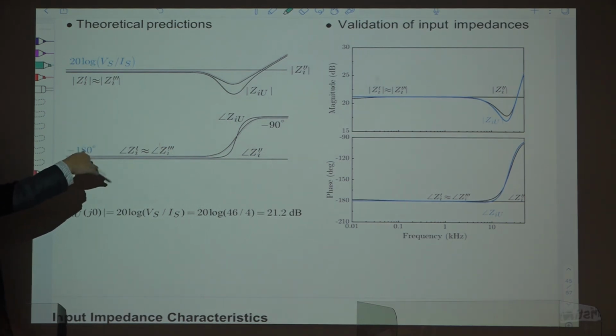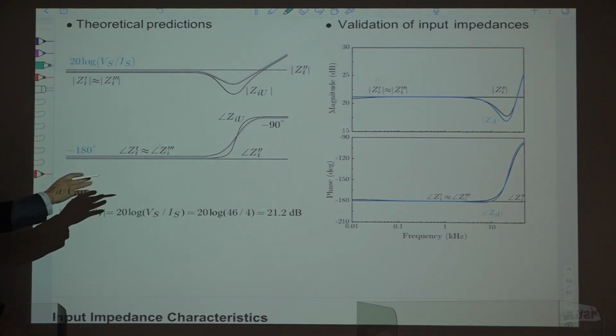Okay? This is proved by analysis and simulation and experiment. So analysis is most obvious, but it's not easy to come up with this conclusion. Okay, so this is proved by this simulation. This is the computational method.